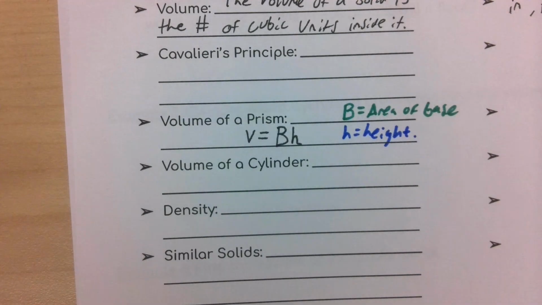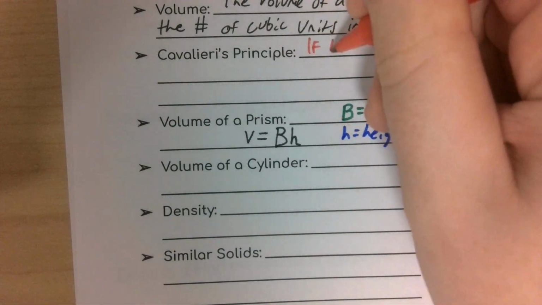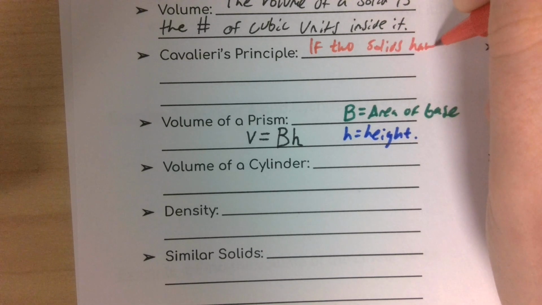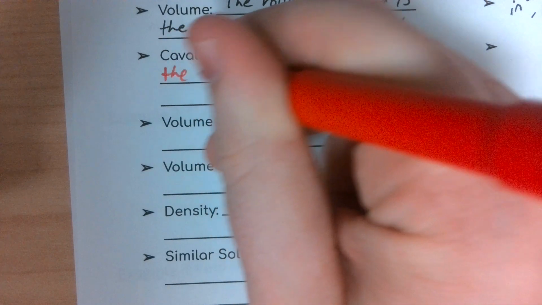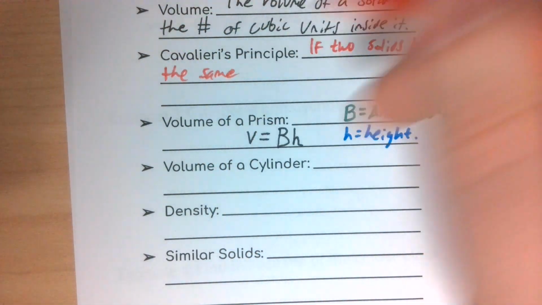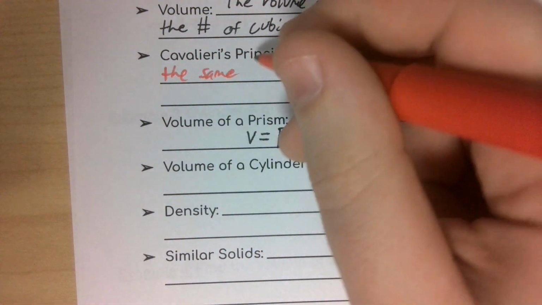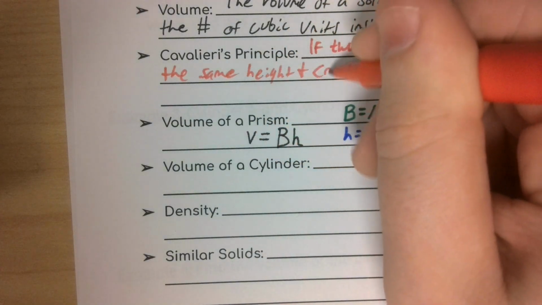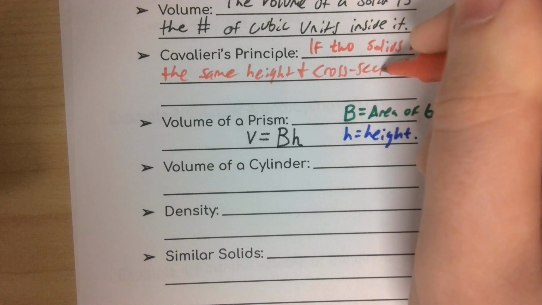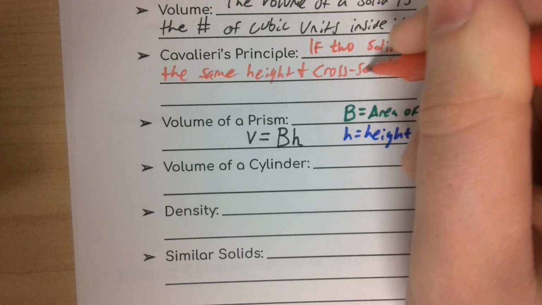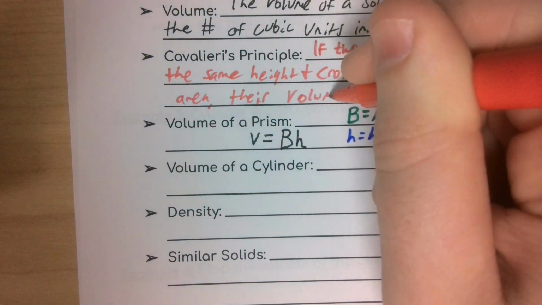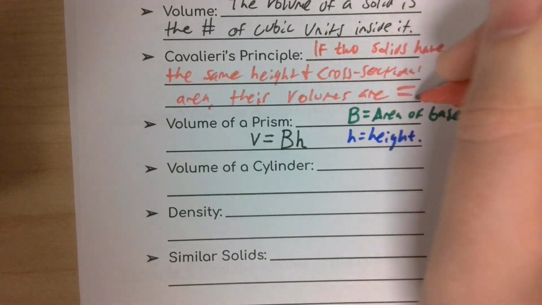But Cavalieri's principle states that if two solids have the same cross-sectional area, or same height and cross-sectional area, their volumes are equal.